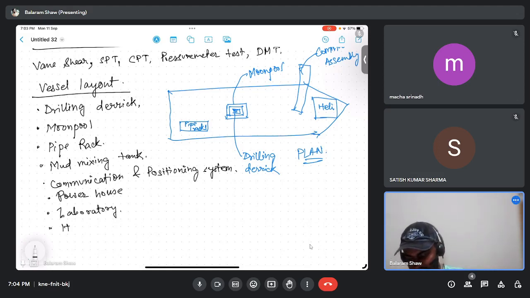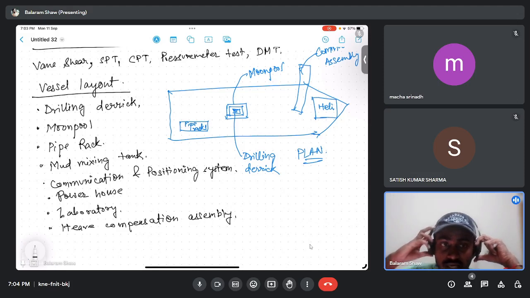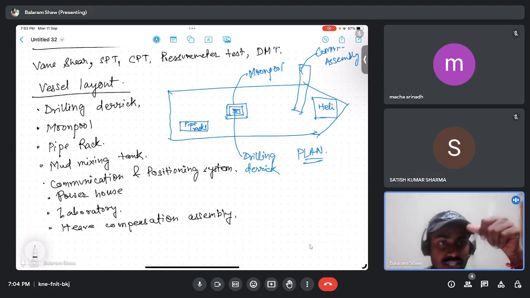Then we'll have the heave compensation assembly. What is this heave compensation assembly? It will be there to ensure the drilling cable can undergo relative movement with respect to the ship.